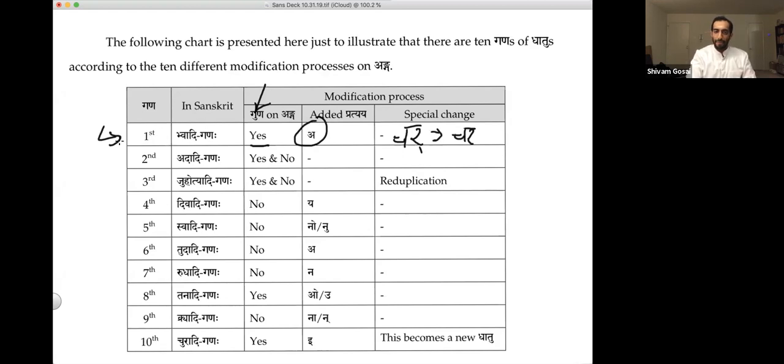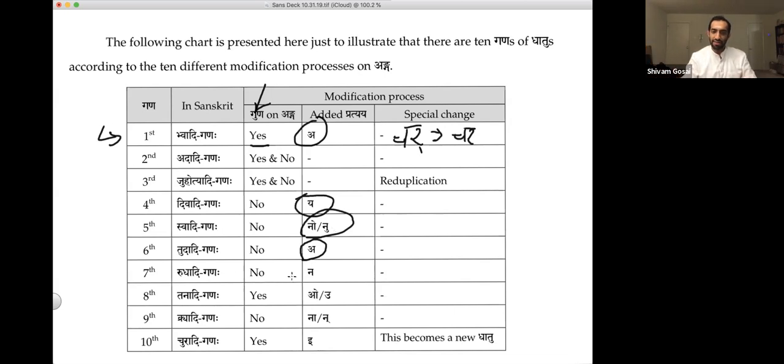In the second gana, there's sometimes guna, sometimes not. In the third, there's yes and no. In the fourth, we add a yakara. Fifth, we add a no or nu. Sixth, we add an akara. We don't need to memorize all of these things. I'm just showing why we have 10 different ganas. If you understand that there are 10 different groups, that's all we need to know for now.